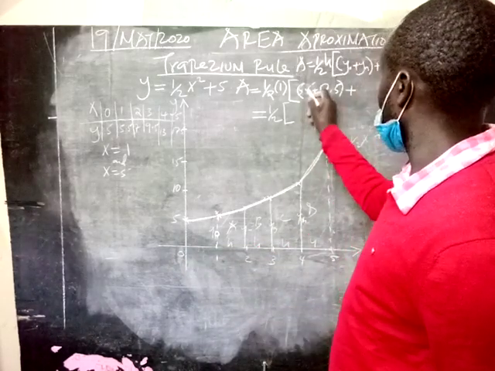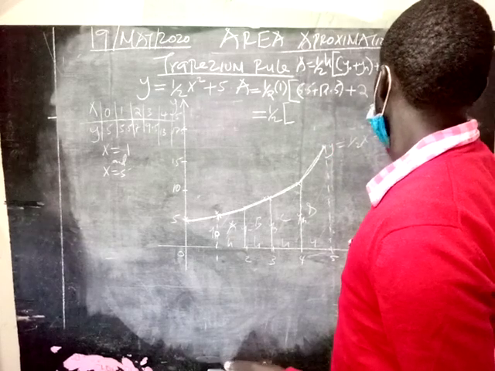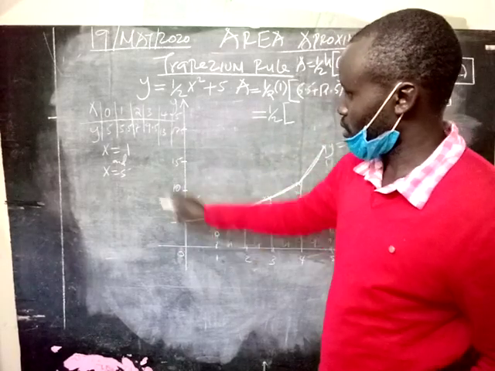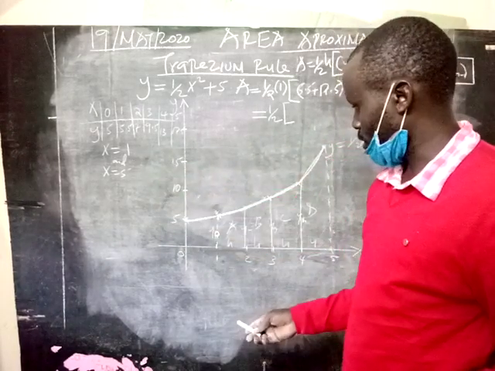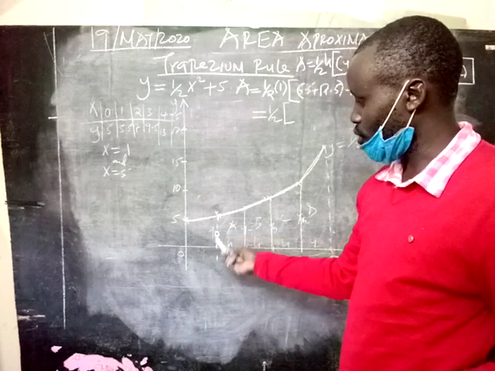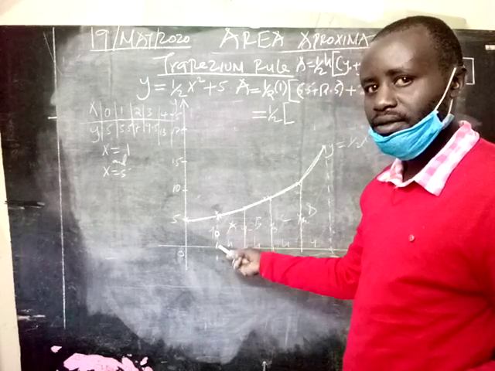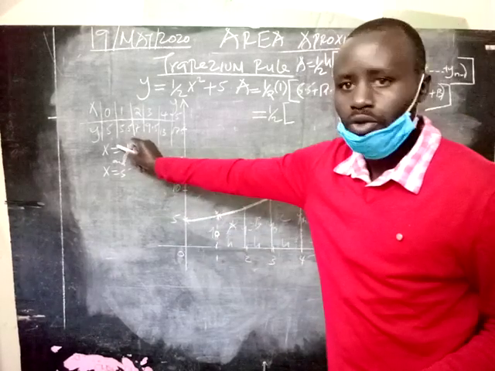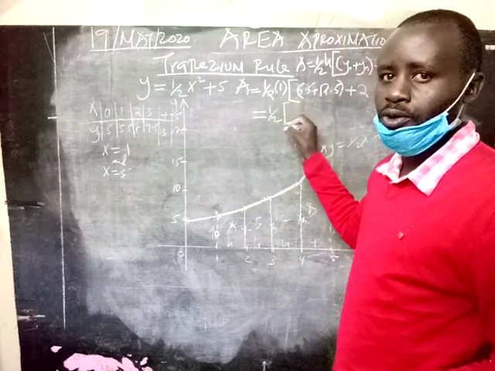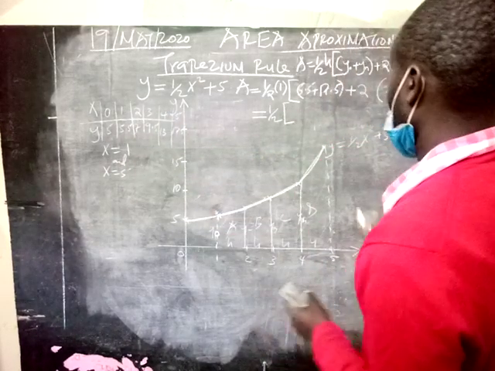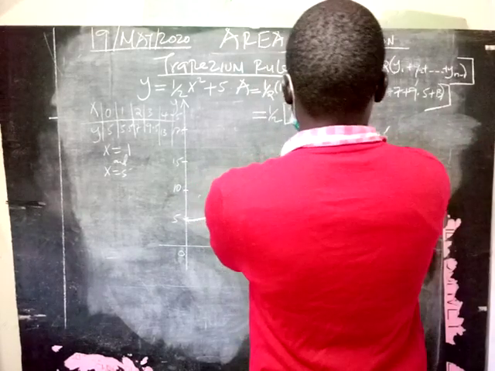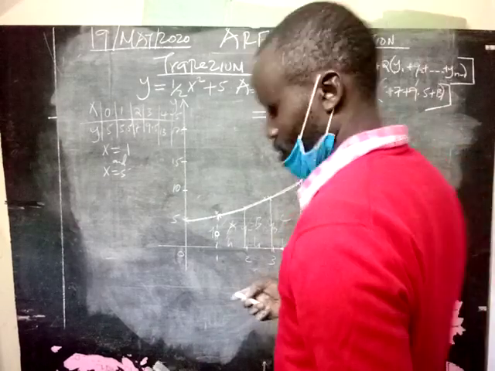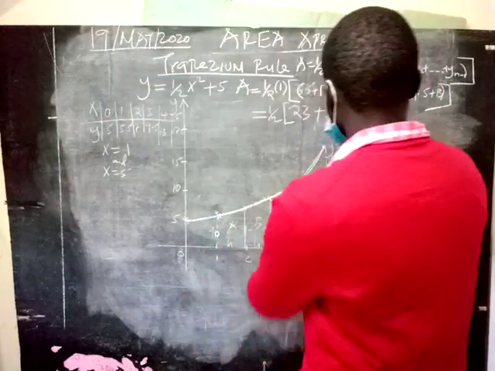But now it is x equals 1. Sorry for that error. We did an error that we started from 0 and yet it was x equals 1. So in this case you are supposed to follow the instructions carefully, so that we have 23 plus this one is going to be 23, then the addition of this is going to give you 59.